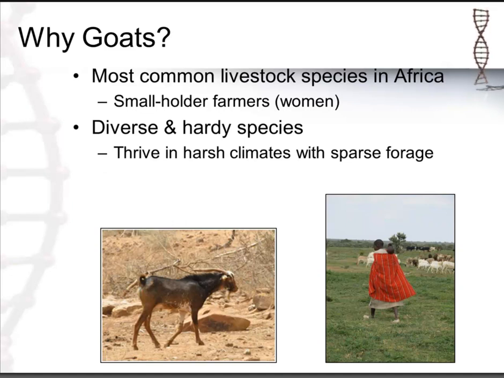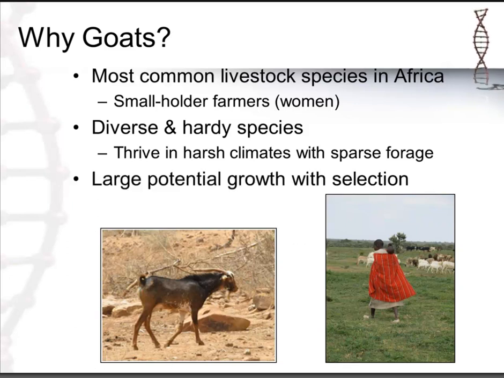As you can see in this goat picture, which I took in Ethiopia during sampling, these goats can thrive in these amazingly harsh areas where you just wonder what in the world they are eating. The other thing is that there's been very little to no selection on these animals at this time. So there's a lot of potential for selection if we start breeding them for particular traits. And with health status, we can have a lot of impact and improvement in selection.